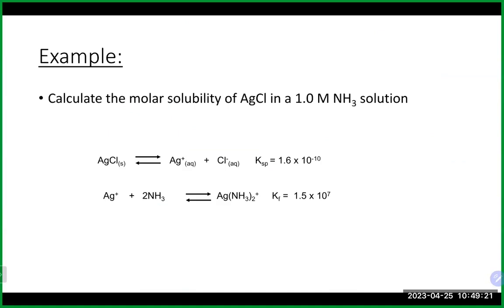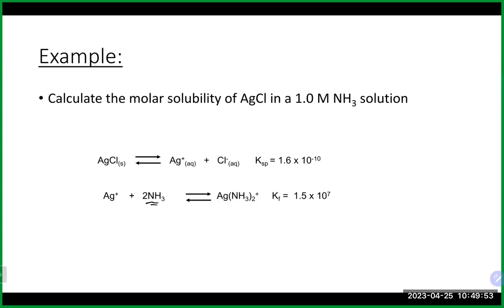In this case, we want to look for the solubility of silver chloride in 1 molar ammonia. So we actually have two steps here. We have the silver chloride breaking apart into silver and chloride ions, and we have a KSP for that like we've seen earlier, 1.8 times 10 to the minus 10. And then the silver plus the ammonia forms a complex ion, with its own K value.